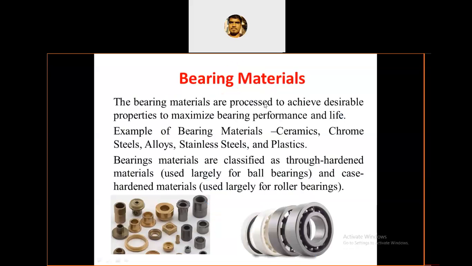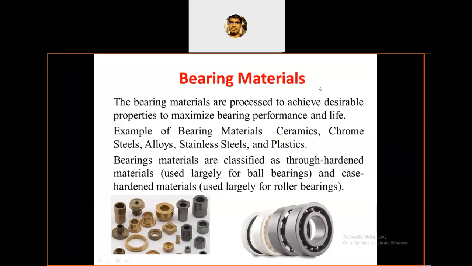These bearing materials are processed to achieve desirable properties to maximize bearing performance and life. It maximizes the performance as well as the life of the component. That is the first important thing. The reason we have to use bearing material is, first, to increase the performance.